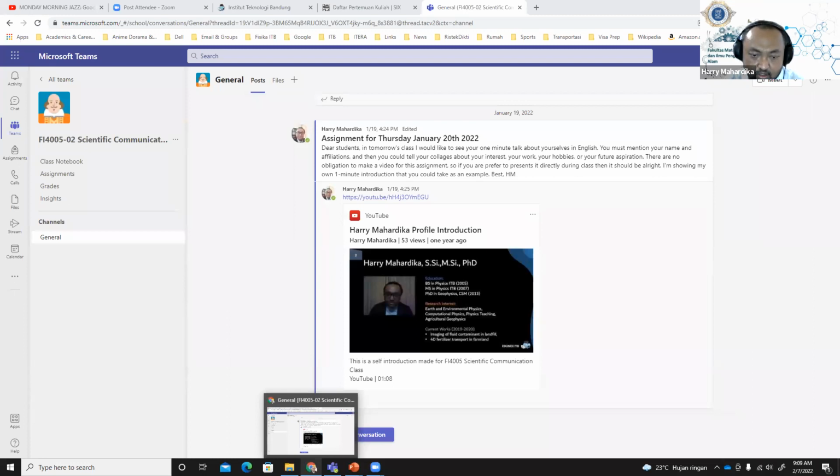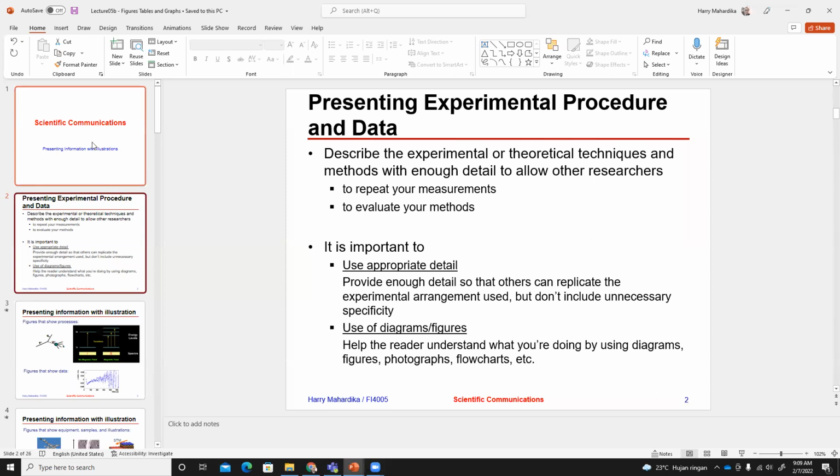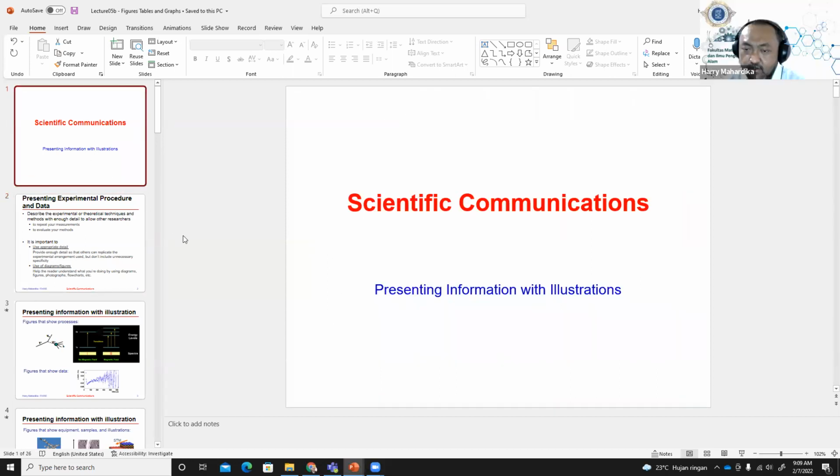But now we put our attention on how we produce good tables, graphs, and basically all of the graphical illustrations that we want to add in an article or in a presentation.